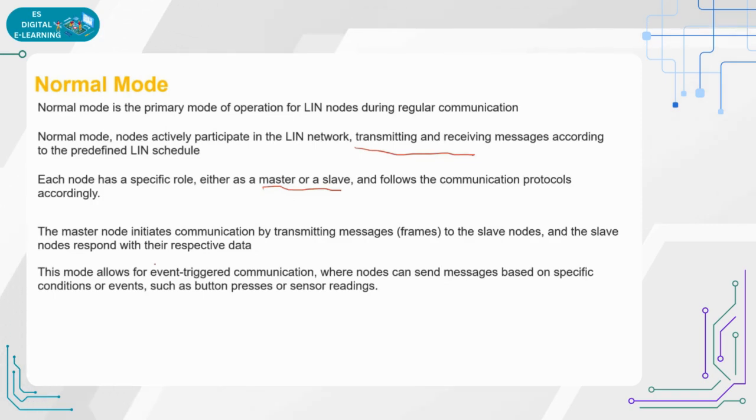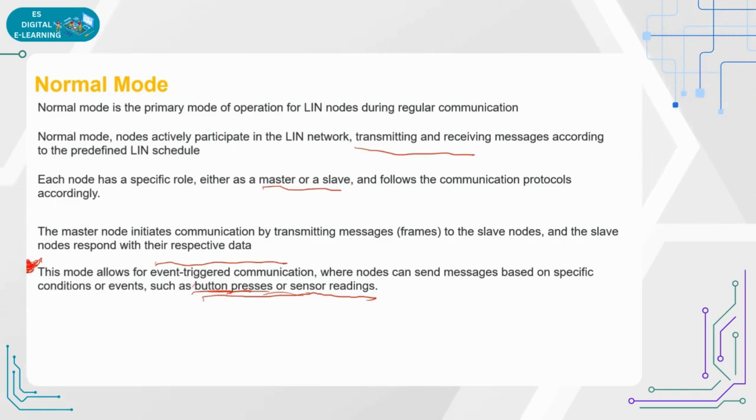And some of it allows event trigger communication. Event trigger communication is whenever you press the button or a sensor is reading data; this is part of event trigger communication. In this normal mode, this is a very important statement you need to consider, and the other part is the second point you need to consider.